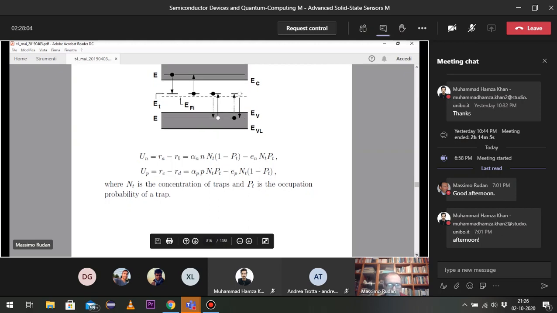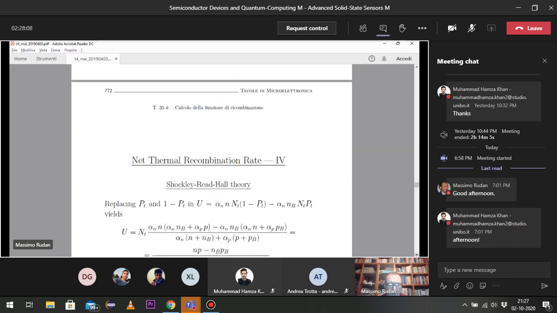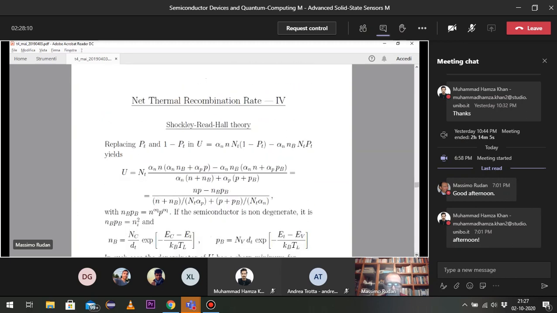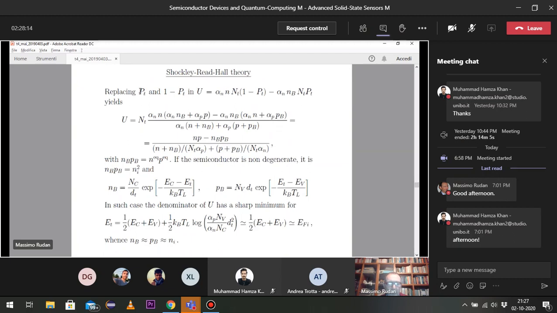So eventually we obtain the common expression of Un and Up. We replace pt and 1 minus pt in the common value. We obtain this, okay? It looks complicated, but it is not, okay?